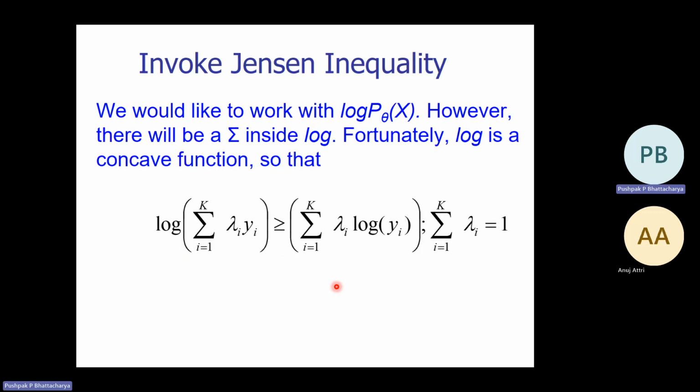So then we make use of Jensen's inequality here, making use of the convexity of the expression. And we observe that log of sigma i equal to 1 to k lambda i xi is greater than or equal to, the log can move inside, sigma i equal to 1 to k lambda i log xi, where sigma lambda i is equal to 1. This is Jensen's inequality.